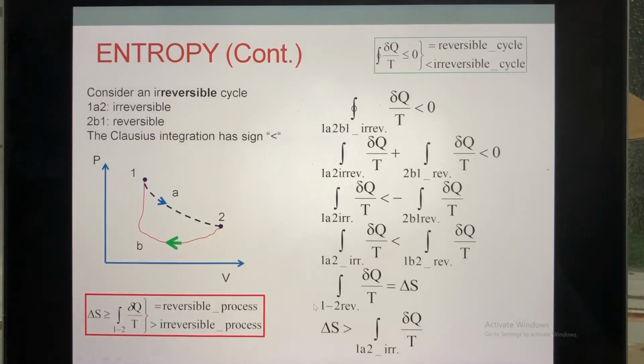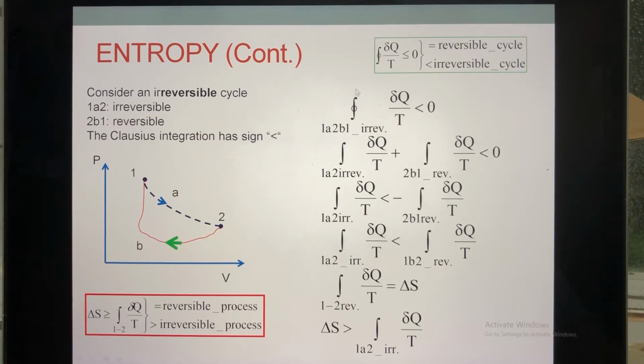Okay, the next example: I suppose that I have an irreversible process. This process is also closed but includes an irreversible process. So how do I calculate the entropy? How do I apply this information to this situation?